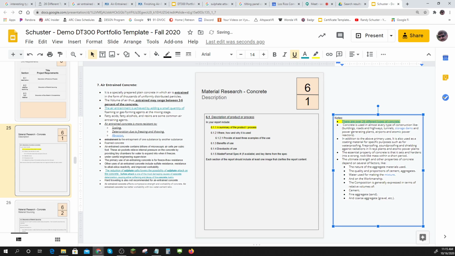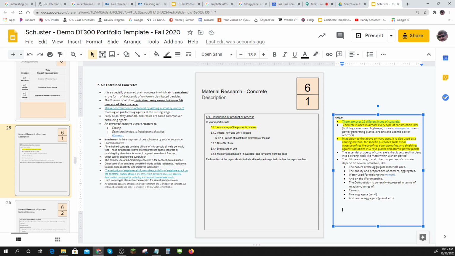There's 26 different types of concrete, and that it's used in almost every phase of every type of construction. That's sort of interesting. This is there, but it's maybe going to be too much. But this is part of the general stuff about the product, which is concrete.